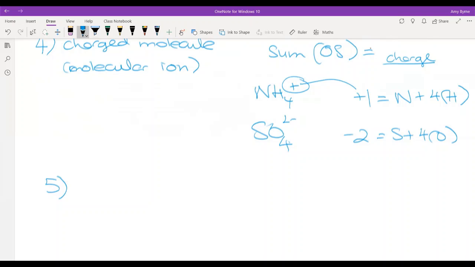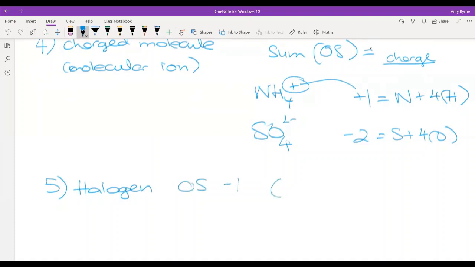Now, that's the way the textbook I've got in front of me says it. I go a slightly different path. Halogens are almost always going to have an oxidation state of -1.